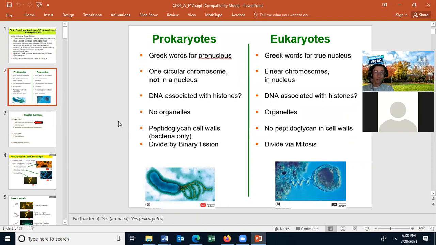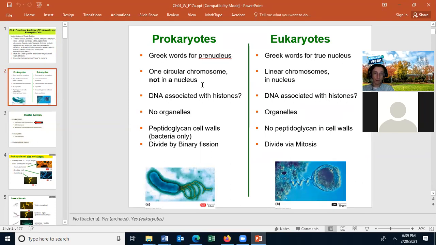So when we look at the prokaryotes, you should realize that that's two Greek words meaning free nucleus. Karyotes actually means kernel, but it's translated nucleus. And eukaryotes means true, eu, and then nucleus. Prokaryotes have generally one circular chromosome.